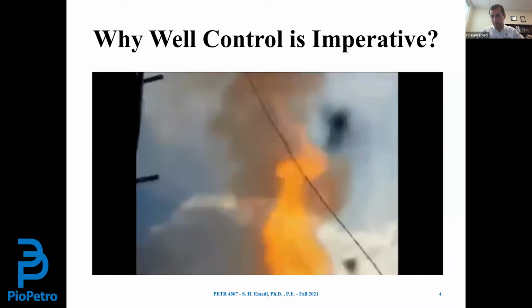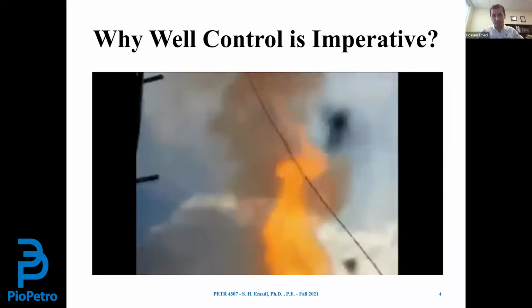Even in the Permian Basin, which is 2 hours away from us, and it's not a high pressure zone, a year or 2 years ago, one of the operators' rigs got on fire because of a blowout. So it doesn't mean that if you are drilling in a low pressure reservoir, blowout cannot happen, or that it only happens when we are drilling through high pressure reservoirs.